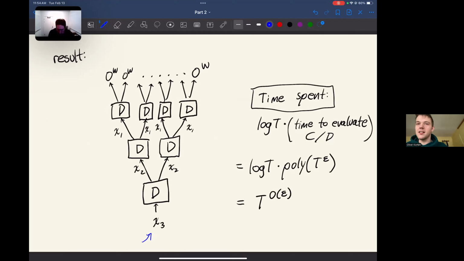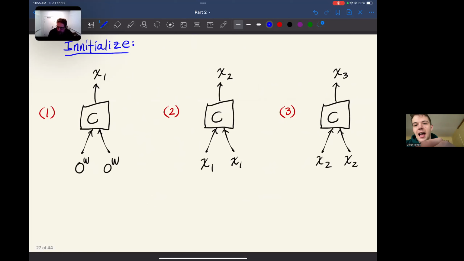Sorry, could I fail in this step? Yes, we can fail in this step. For example, I skimmed over this kind of fast, but in the first step, I have 2 blocks of zeros. I plug them into C and get x1.